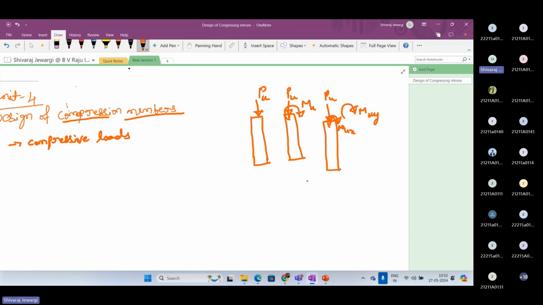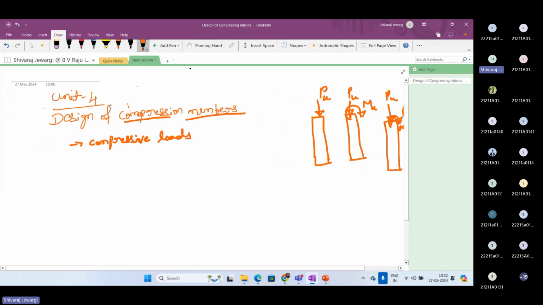So these are the three different compression members which were discussed in RCS, in reinforced concrete structures. Similarly in steel structures also, the behavior of compression members is the same.